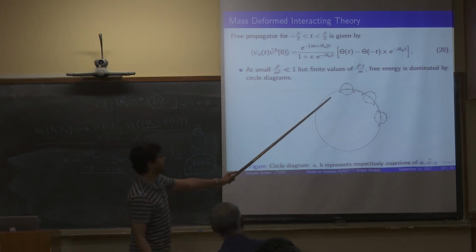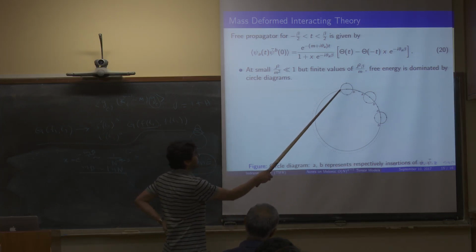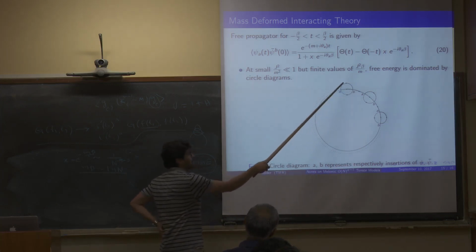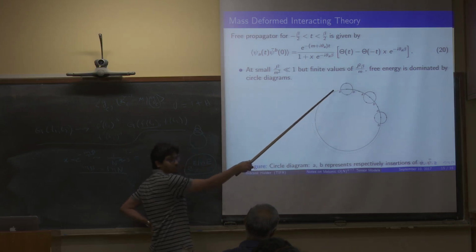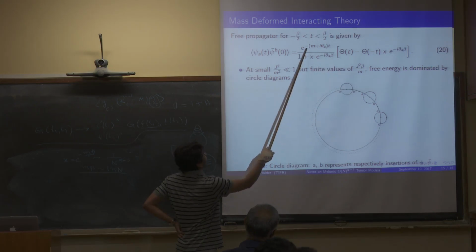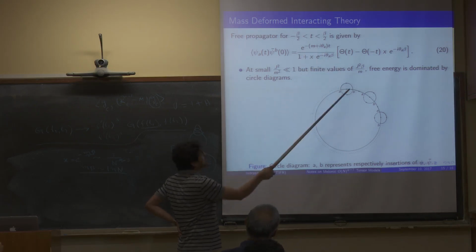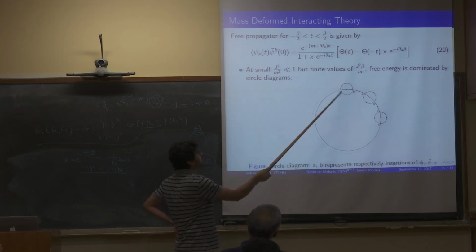If we look at diagrams like this, these things which I call blobs have q minus 1 propagators running in between. This is for q equal to 4. Now in any of the propagators you have this factor e to the minus m times t. So you have q minus 1 such factors for each one of the blobs.